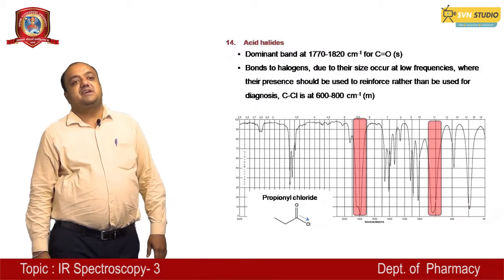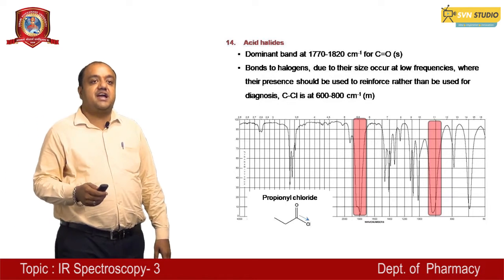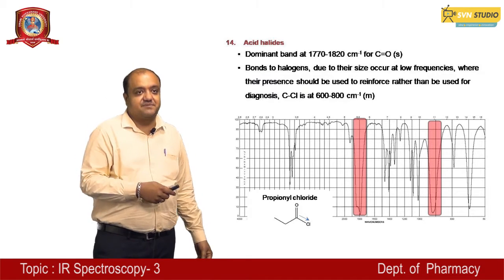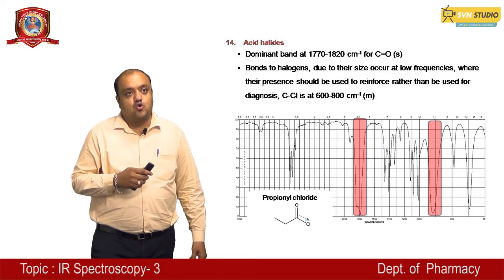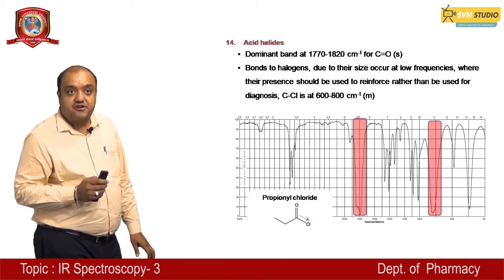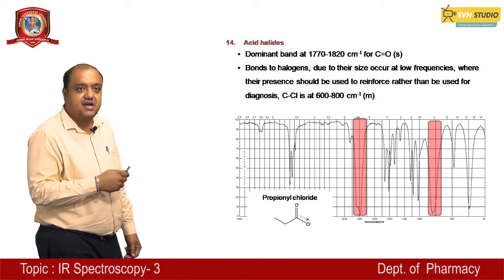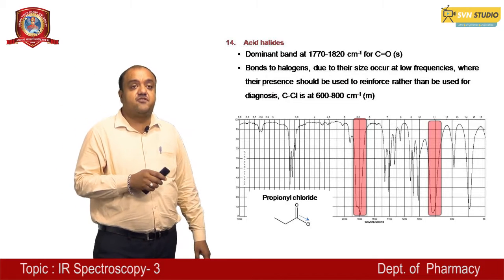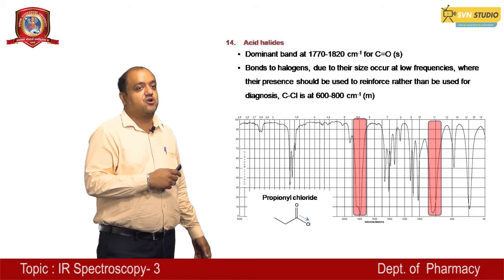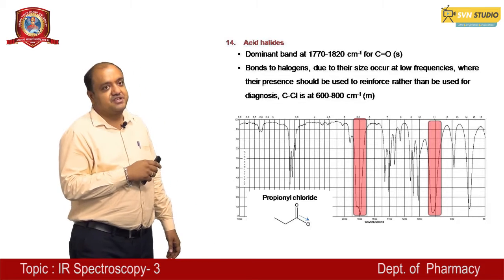And next example is acid halide, RCOCl, which dominate bands at 1770 to 1820 centimeter inverse for C=O. The bonds to halogens like chlorine, bromine and iodine, due to their size, occur at low frequencies, so their presence should be used to reinforce rather than for diagnosis, like the C-Cl bond, which absorbs at 600 to 800 centimeter inverse.